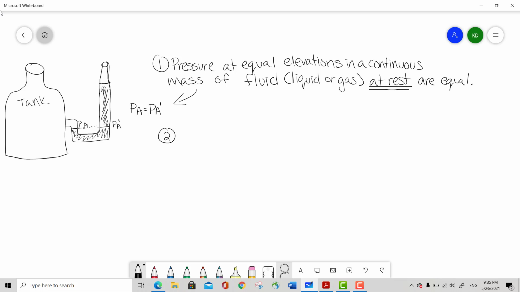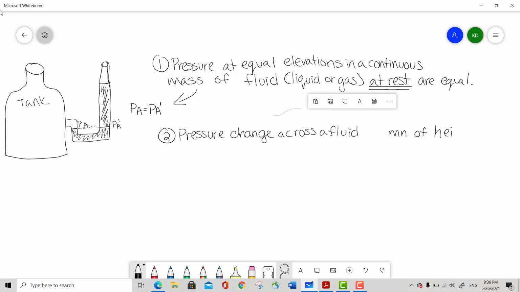The second is pressure change across a fluid column of height. Oh, I don't even know what I was trying to spell there. That's rough. There it is. Height h is the change in P. Delta is change.